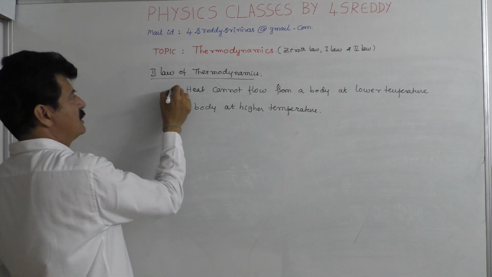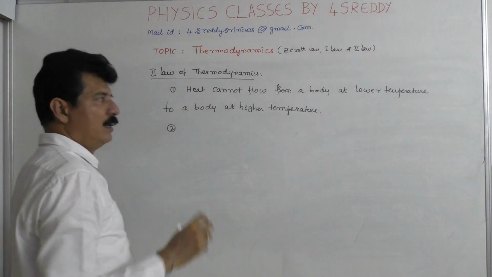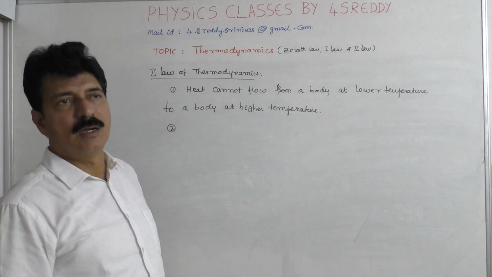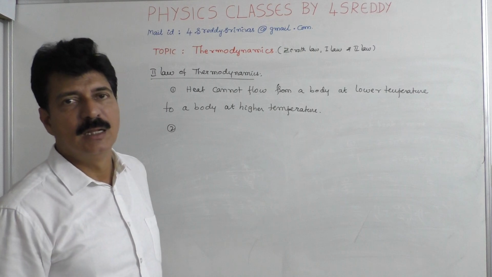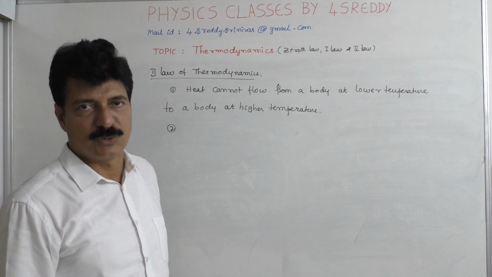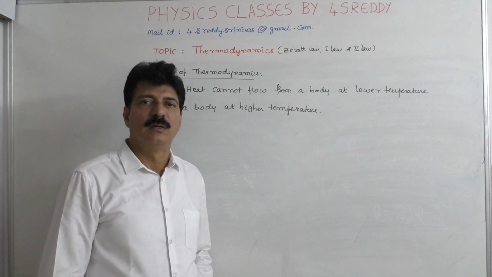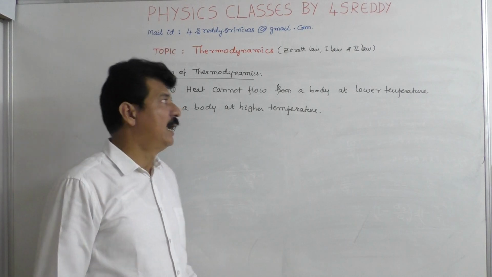Or otherwise you can say that heat cannot flow from a cold body to a hot body unless it is aided by an external source. And it is the direct consequence of entropy.